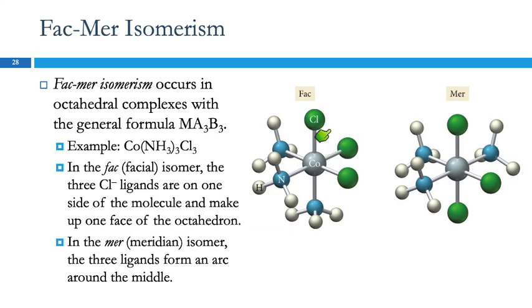So this is a facial isomer, the fac isomer, and this is the mer isomer, where these are along the meridian of the molecule. And you can see if you look at the other ligand, they're doing the same things. This one is also a meridian, and this is forming one of the faces. So fac-mer isomers.